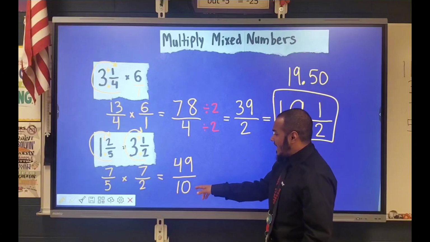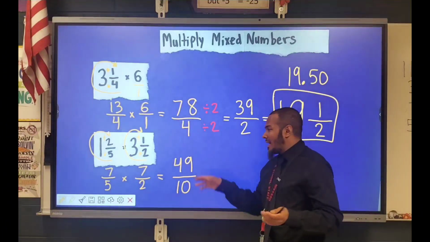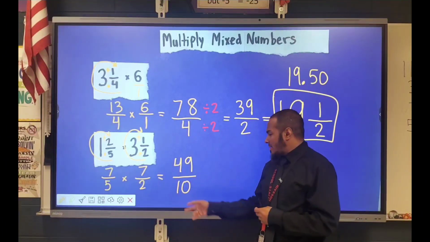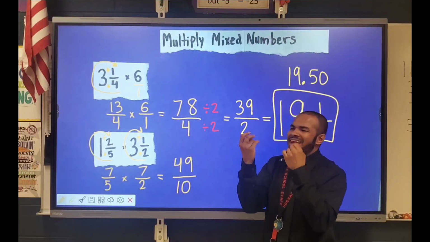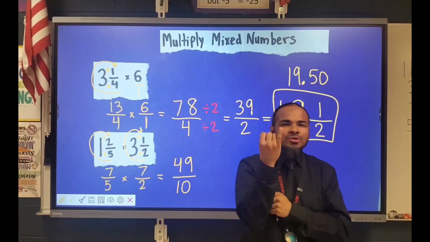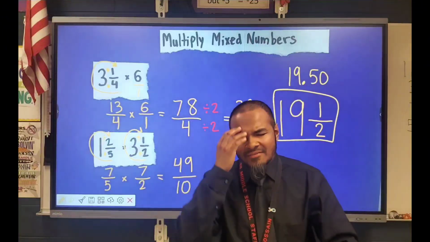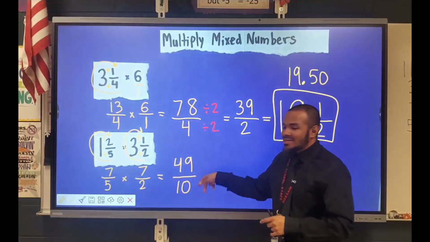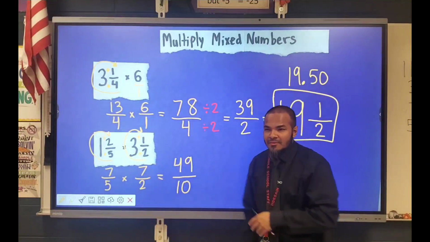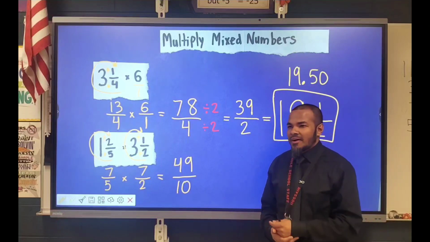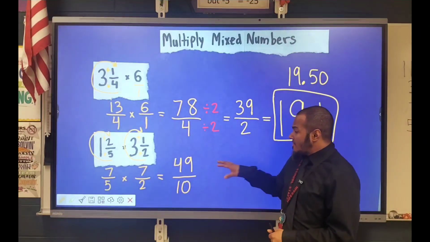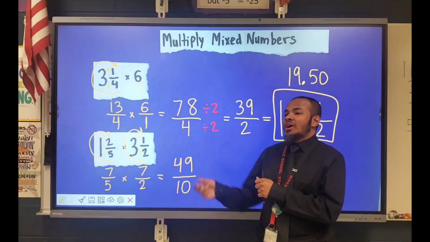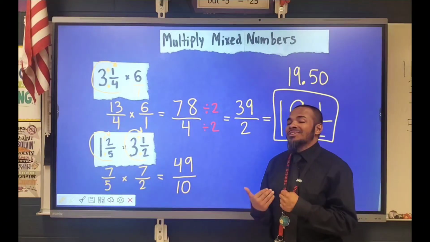And there's nothing that I could do with the 49 besides 7, right? But if I count by 7, I'll never say 10. So I'm just thinking about all the different possible numbers that I can count by, like count by 2s, count by 5s, count by 7s, right? Until I can get to both numbers. If you can't get to both numbers, you can't simplify. And I believe that you cannot simplify this anymore. That is the simplified version of this fraction, 49 over 10.